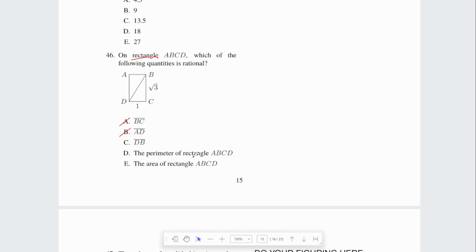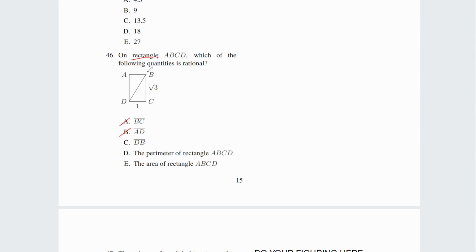The perimeter of rectangle ABCD cannot be at all. Oh, sorry, length DB. I skipped over length DB. Length DB is interesting, right?